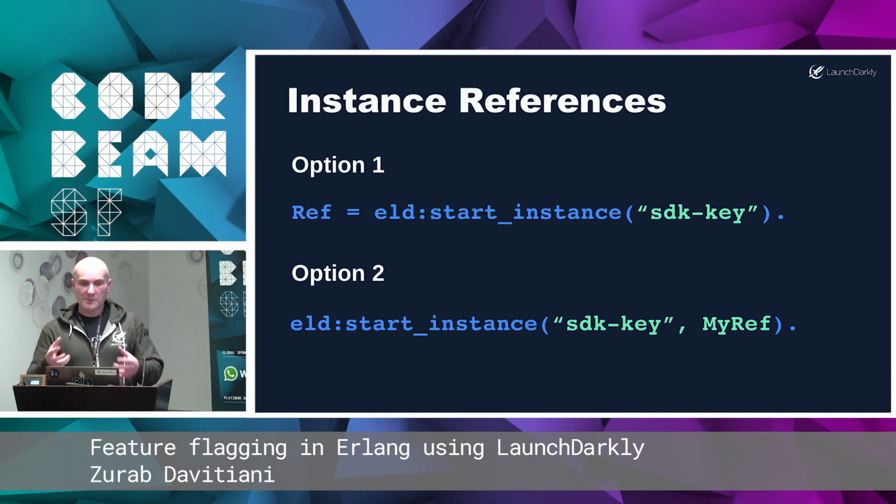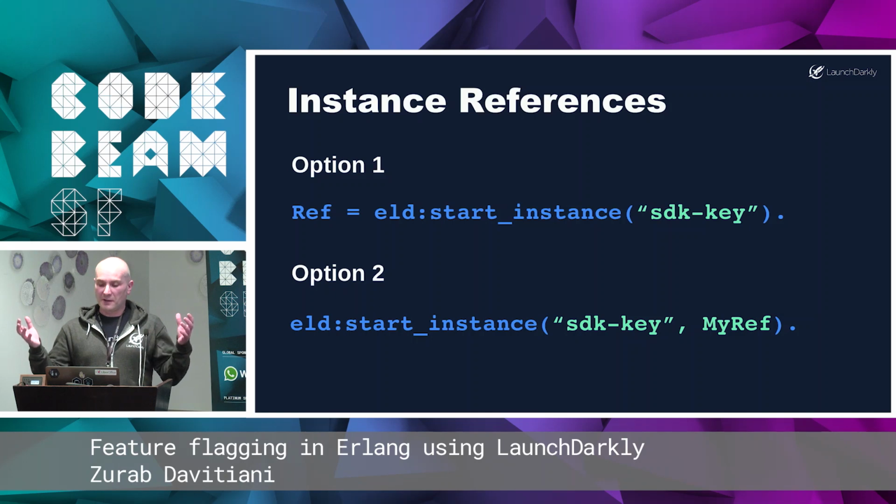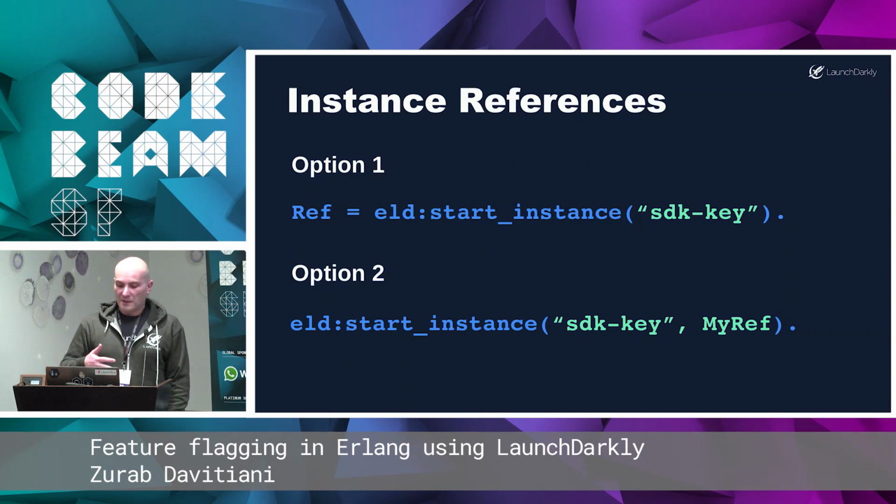Another pattern is to accept a reference when you're creating a resource, and then the onus becomes on the host application to produce that reference. But one advantage of the latter one is that the reference can be optional. This made sense for the LaunchDarkly SDK because we don't have a use case of creating arbitrarily many instances of the SDK client. We just want the ones that you specify.